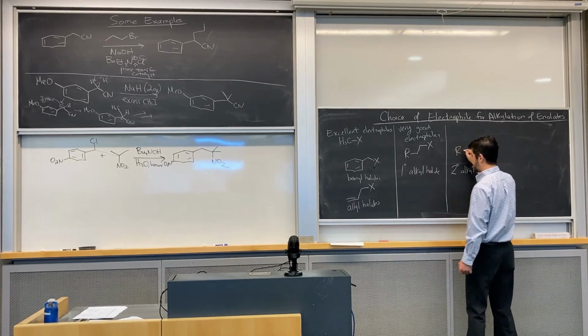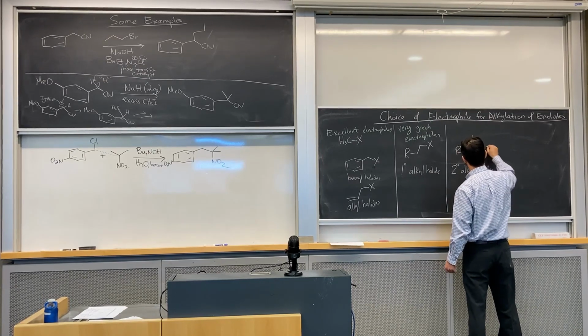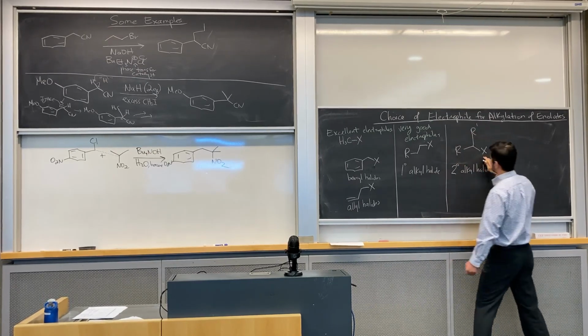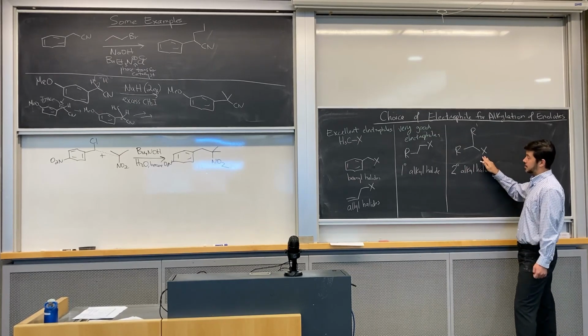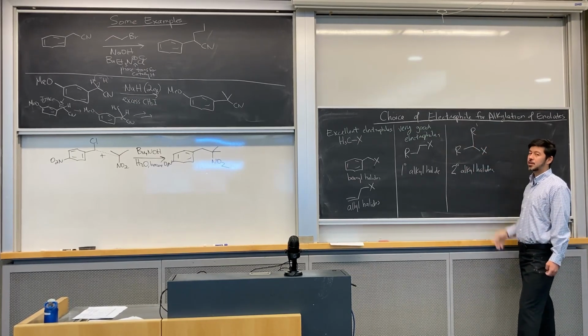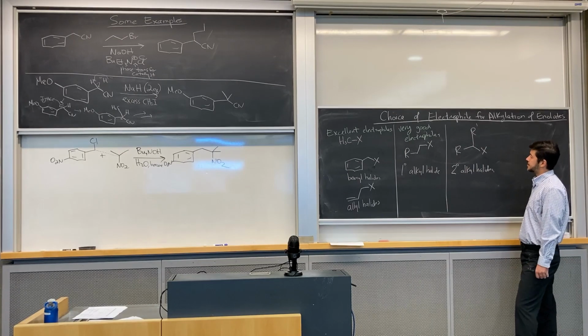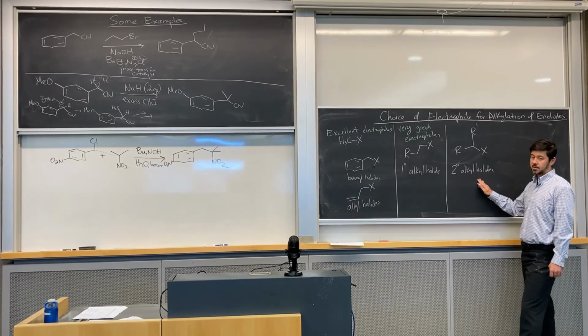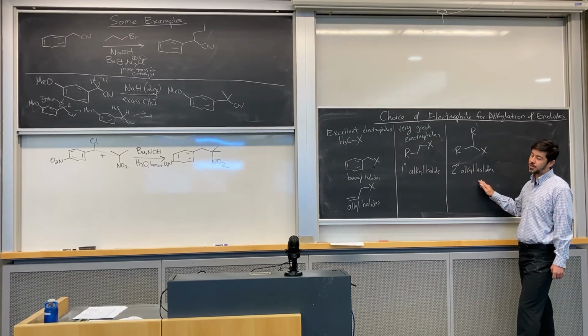So this is where if you have something like an alkyl halide that might look like this, and now you can see you're starting to generate some steric bulk there. And these ones actually alkylate pretty slowly and pretty poorly.